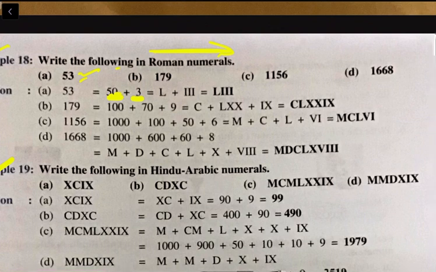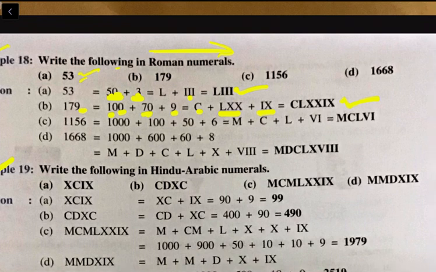L for 50 and 3 times I: LIII. 179: 100 plus 70 plus 9. C for 100; 70 means 50 plus 20, LXX; plus 9, IX. So this one is CLXXIX.